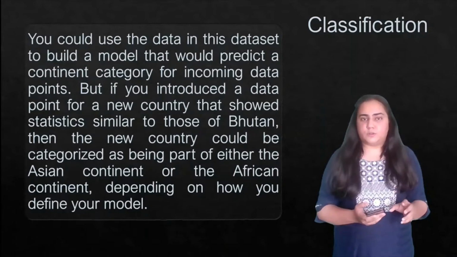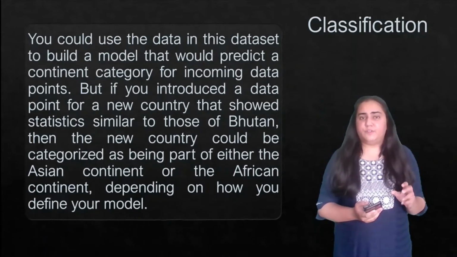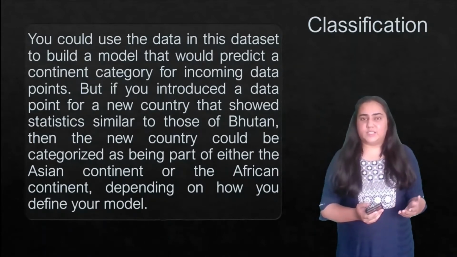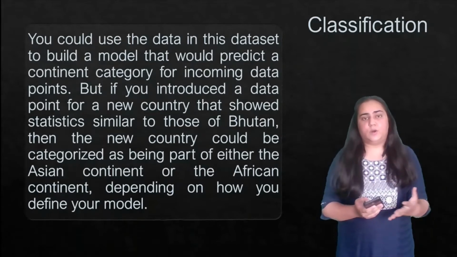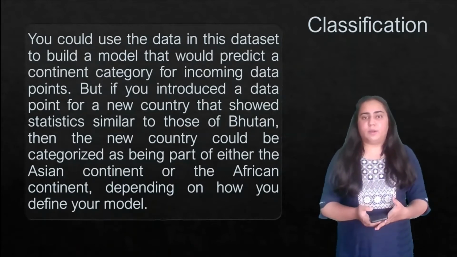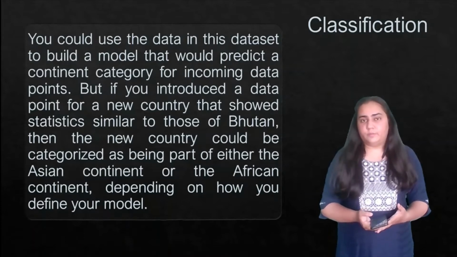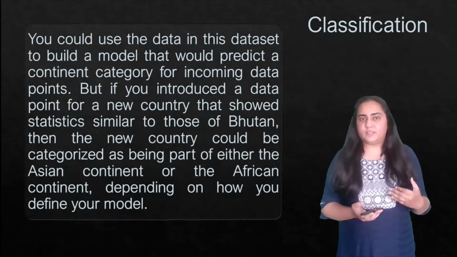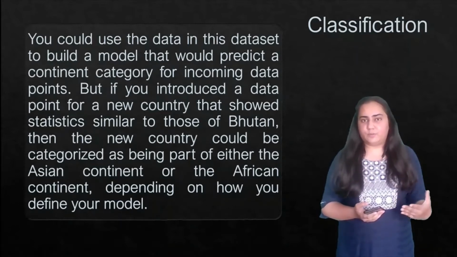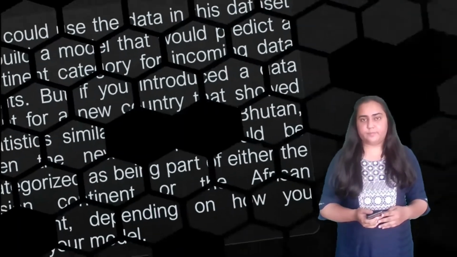But if you introduced a data point for a new country that showed statistics similar to those of Bhutan, then that new country could be categorized as being part of either the Asian continent or the African continent, depending on how you define your model. It could fall in the Asian or African continent based on the attributes that those points have.